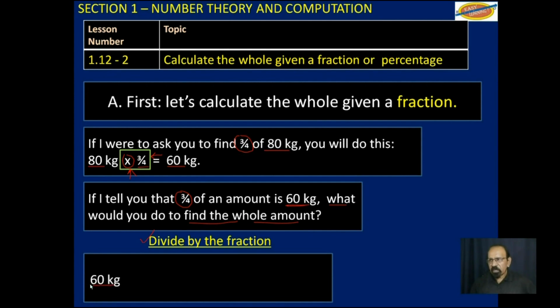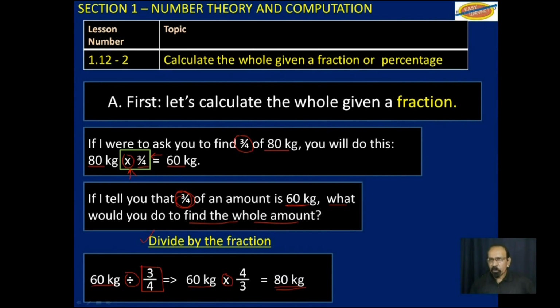You now know that 60 kilograms is 3/4. You want to find the whole, so you divide the 60 kilograms by 3/4, which really means that you are going to multiply the 60 kilograms by the inverse of 3/4, so you multiply by 4/3, and you get back 80 kilograms.